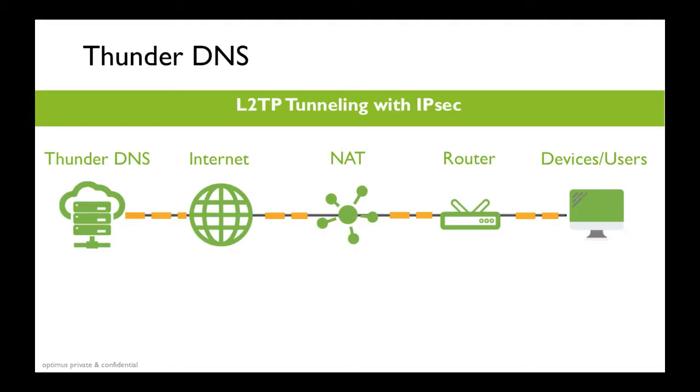Thunder DNS has built-in tunneling features that allow devices connected to external networks to securely send their DNS queries to Thunder DNS. We can even do this for devices with a private IP address behind a NAT by using the Layer 2 Tunnel Protocol, also known as L2TP, inside an IPsec tunnel.